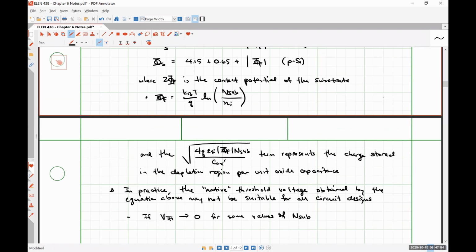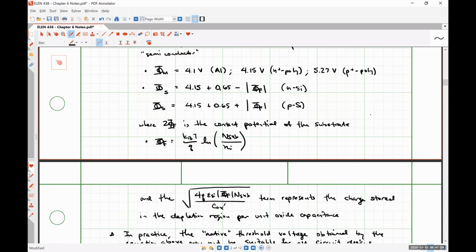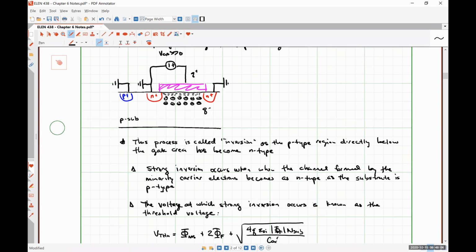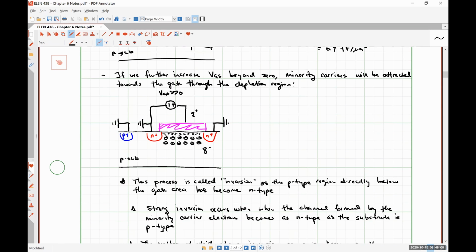So if the threshold voltage is 0, so the threshold voltage is the voltage at which the channel effectively appears, right? And there's a possibility of charge being able to be carried between the drain and the source, or the source and the drain, depending on which way we've got things biased.